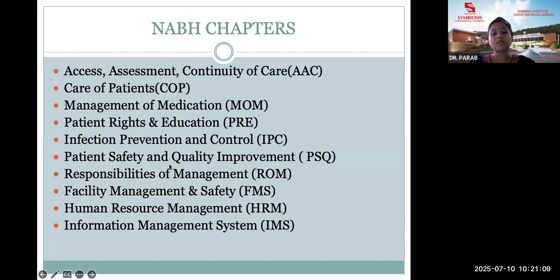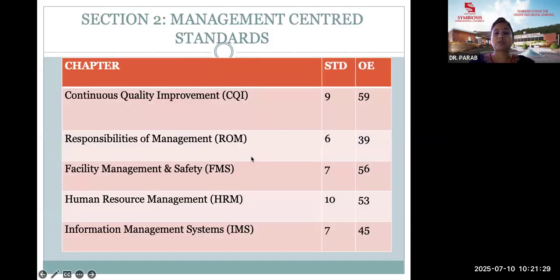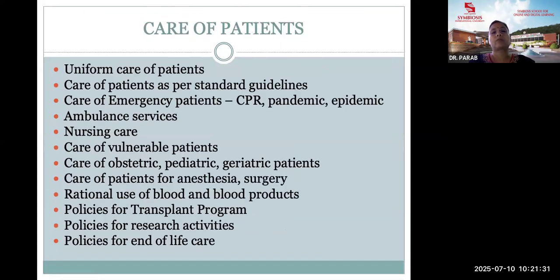The 6th chapter is partly clinical and partly this, because safety and quality needs to be applied to all the departments. So this is partly there and partly here. And these 4 chapters, they are mainly non-clinical chapters. Okay, so you can say 60% of our work is clinical and 40% of the work is kind of non-clinical.